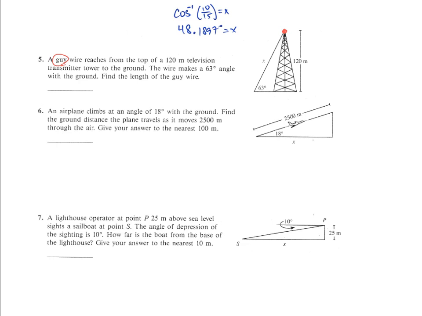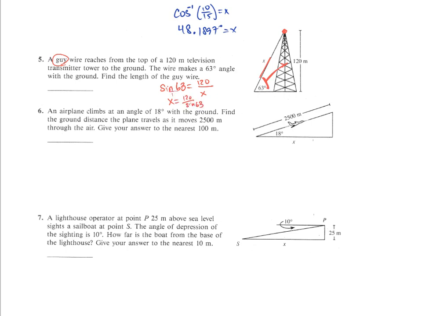Anyway, okay, so let's take a look here. Here's 63 degrees. This is 120. I need something. Here's the angle that relates the opposite to the hypotenuse. So this time it's going to be sine. So the sine of 63 is the opposite, which is 120, over the hypotenuse, which is x. So x will be 120 divided by the sine of 63.